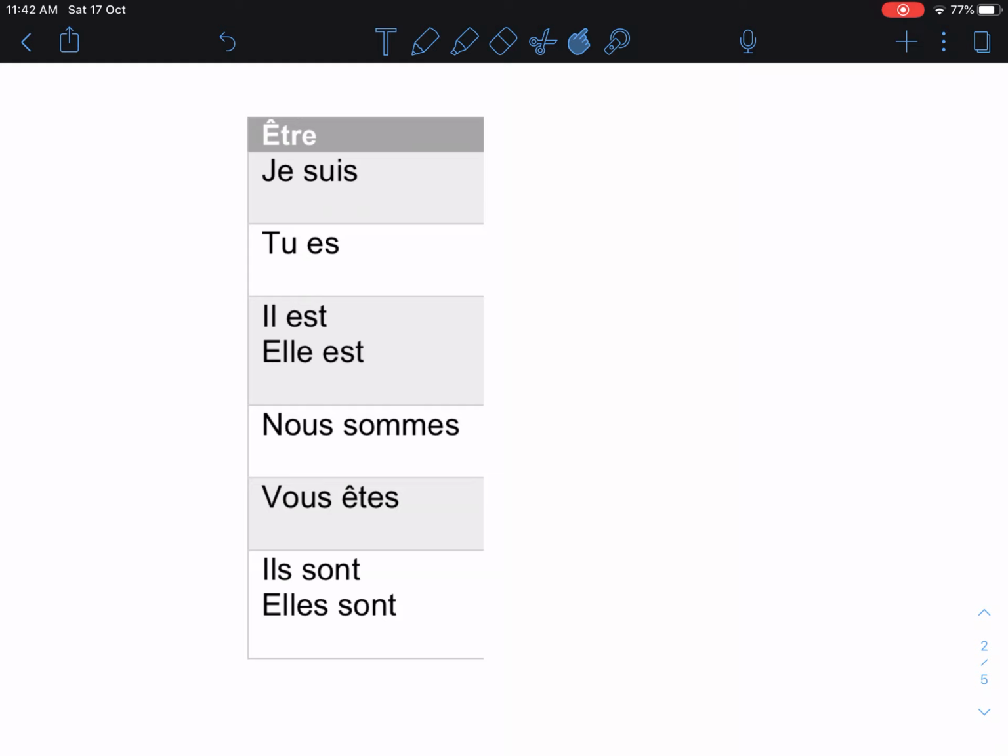So, je must come first, and then you have tu, il, elle, nous, vous, ils, elles. Now, in this table, you may find one example of conjugaison of the verb être, the verb to be.